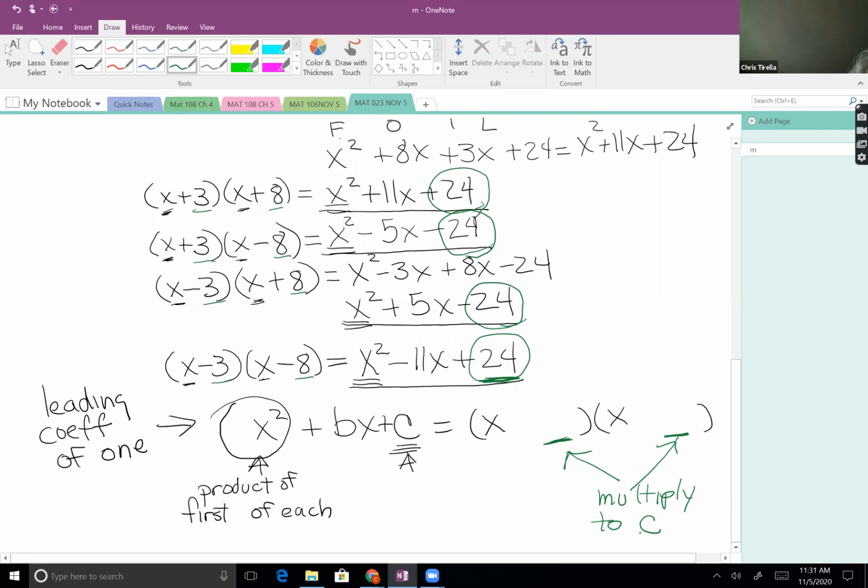But now I want to look at something else with those products. I want to look at the signs. Do you see how this one is a positive 24 and this one is a positive 24? And do you see that when they're positive, it came from having the same signs? So if this is positive, the signs are the same.